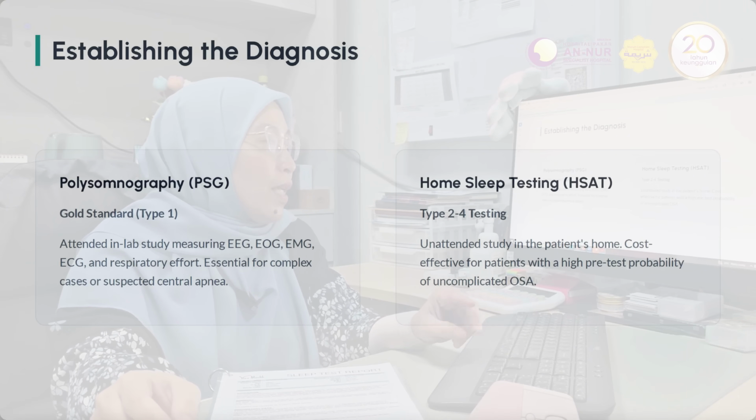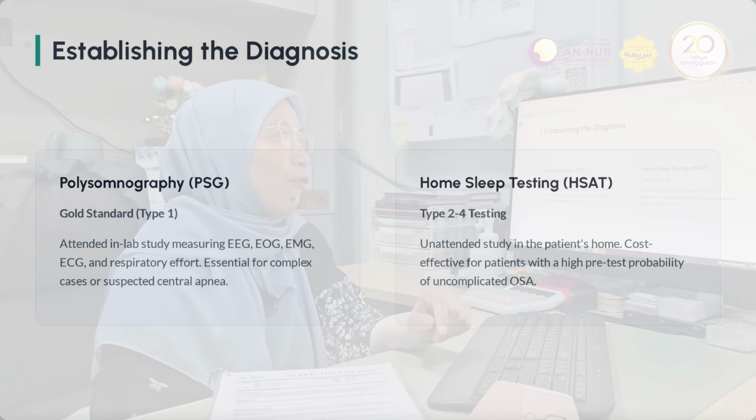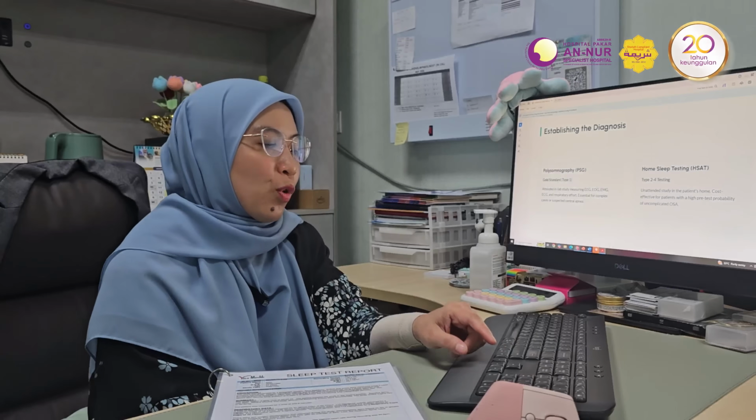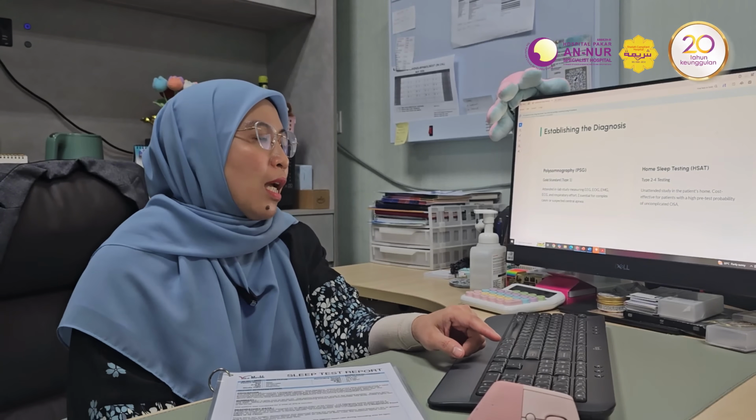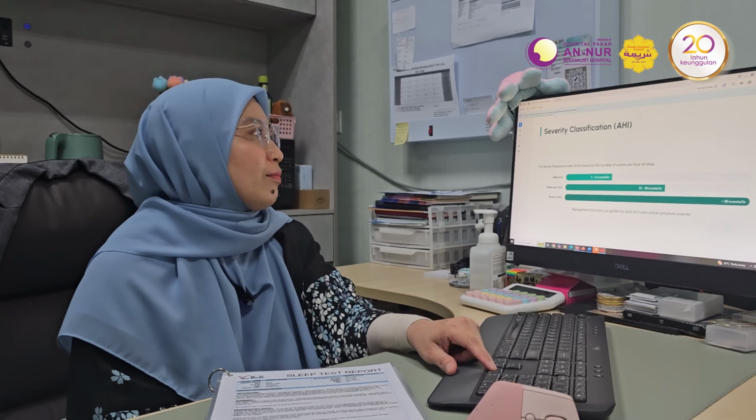The second type is home sleep testing, category type 2 to type 4. This is unattended sleep in the patient's home. This is more convenient because we can do it in a home setting.